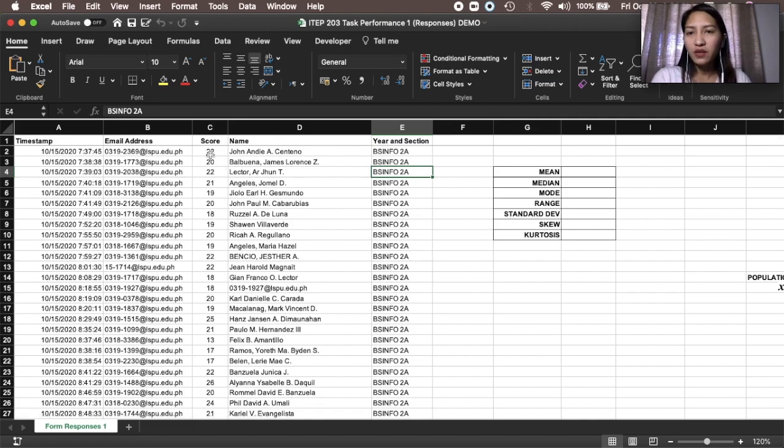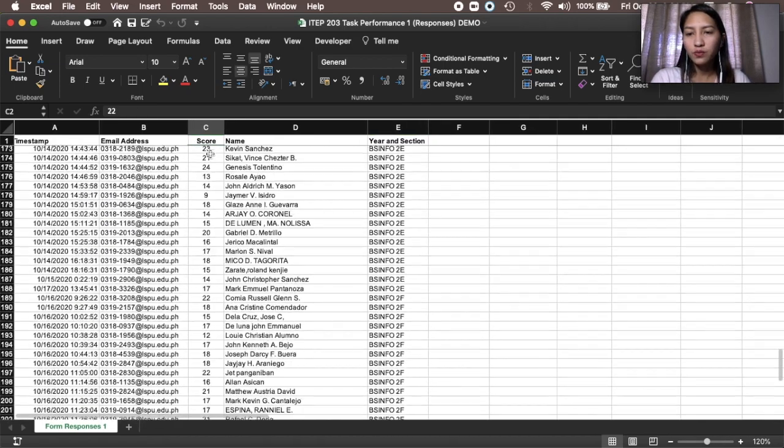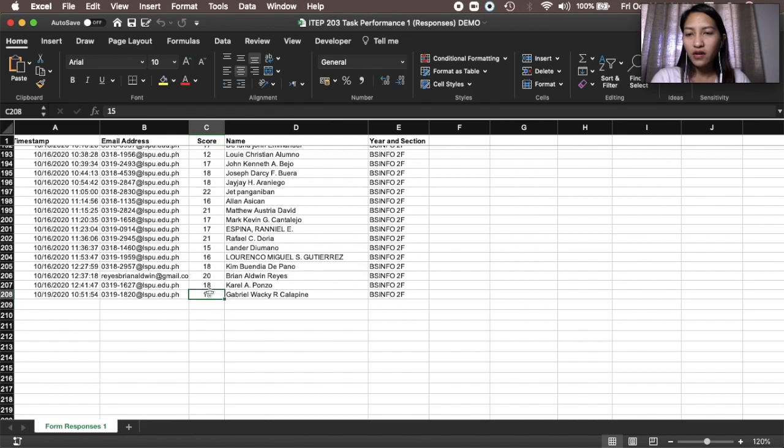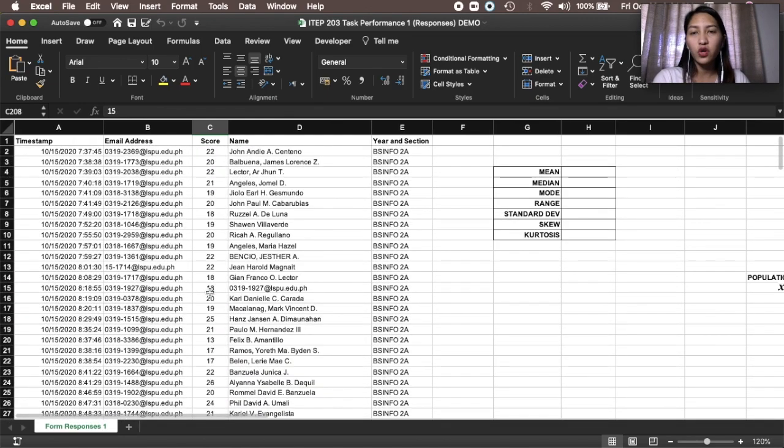So, I have here from C2 up to C208, I have here the data for your score. Yun yung gusto kong kuhanan ng descriptive statistics na mean, median, mode, range, standard deviation, skew, and kurtosis. So, mamaya ko kukunin yung skew and kurtosis.